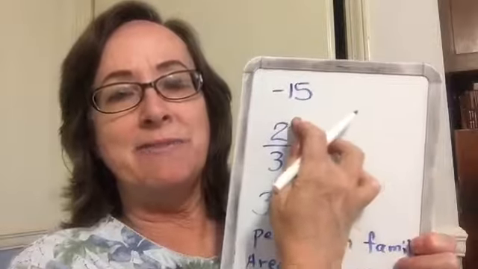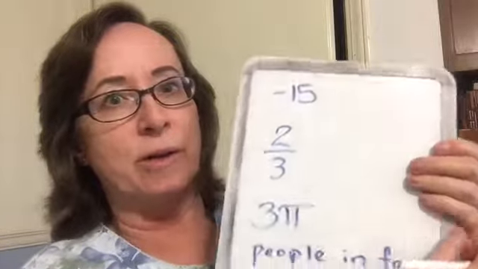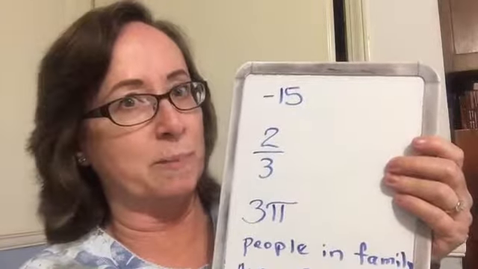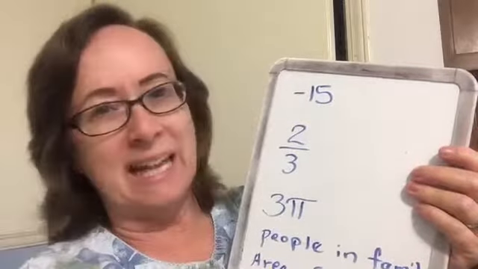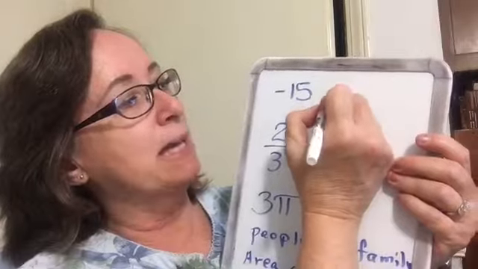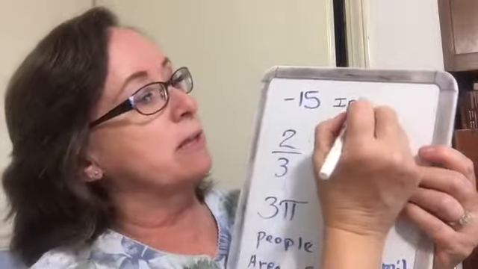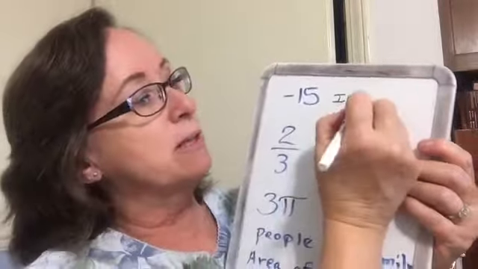Okay, negative 15, and we want to list every single group that negative 15 will belong in. Well, we know that negative 15 is an integer, because remember the integers are all the negative and positive whole numbers. So this one is an integer.